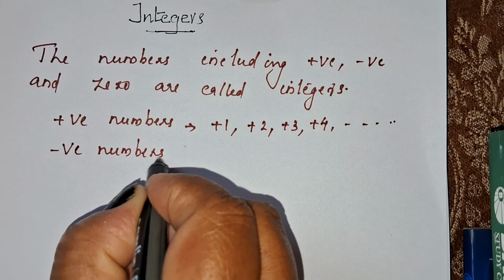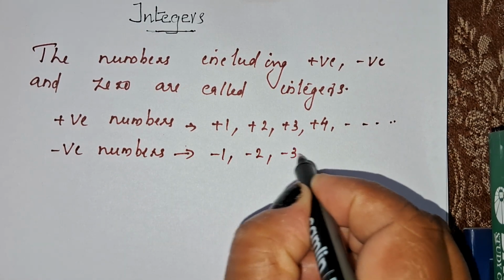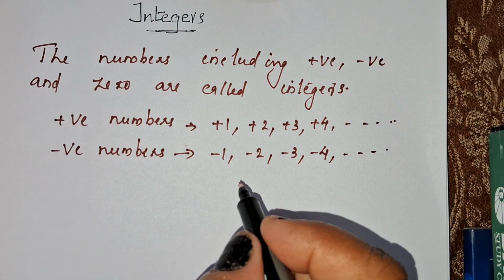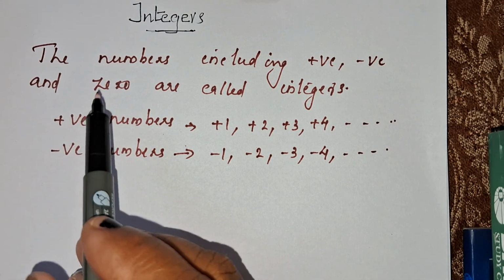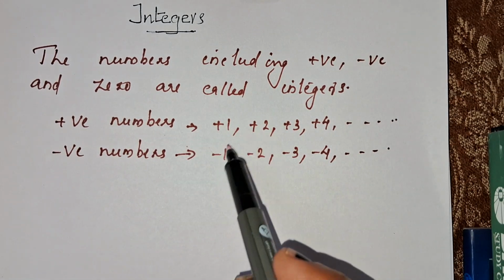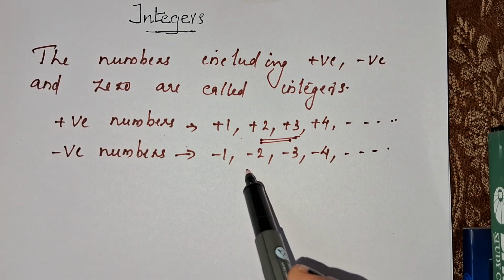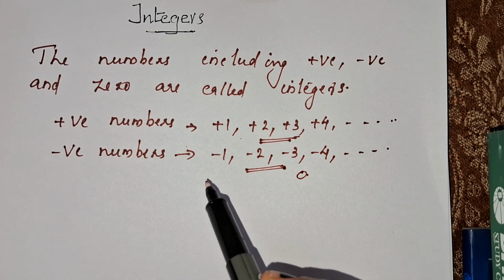Negative numbers are -1, -2, -3, -4, etc. All these numbers are called negative numbers. So, the numbers including positive numbers, negative numbers and zero are together called integers.